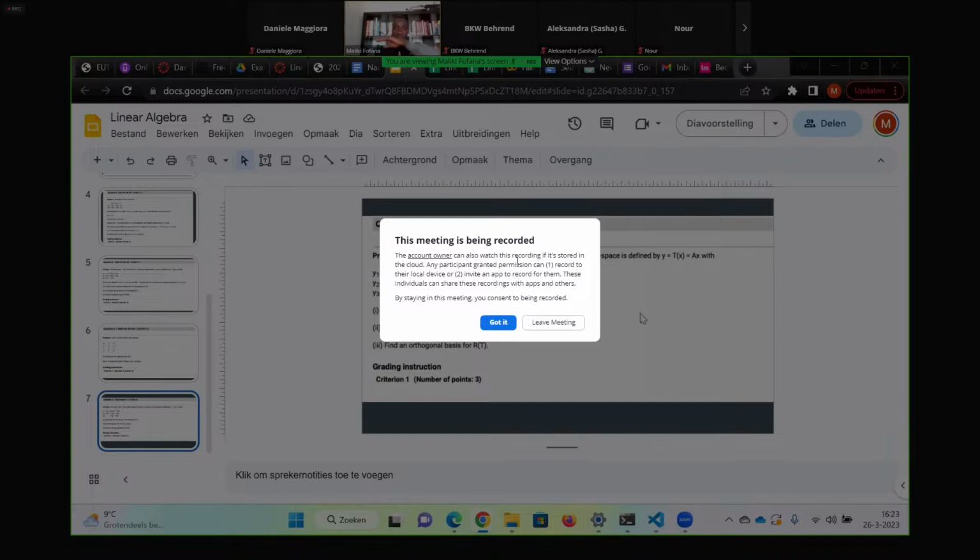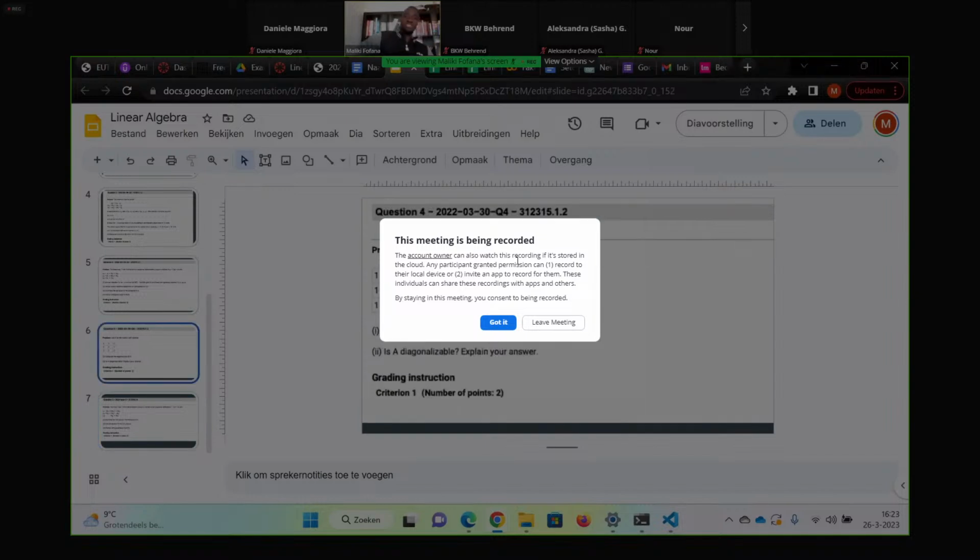So for the fourth problem last year, they said, let the matrix A have these entries.